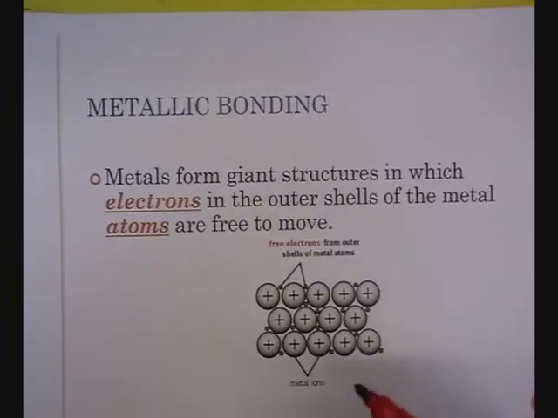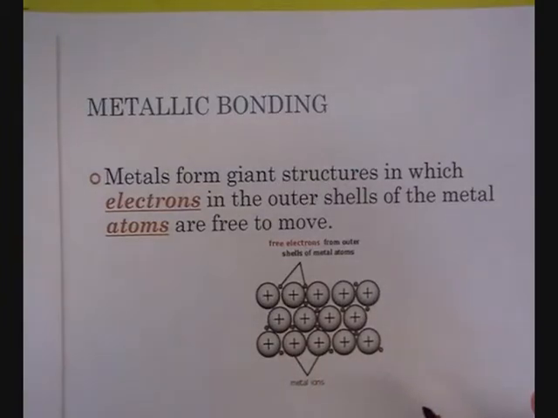The way it's made up is that there's a number of metal ions, so ions which have lost at least one electron, and then in between it's got all these little electrons which are able to move freely throughout the structure of the whole thing. And I'll just zoom in a little bit.